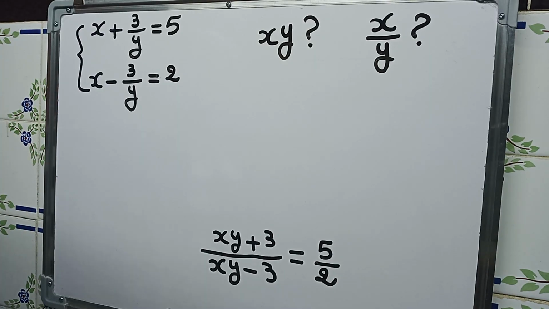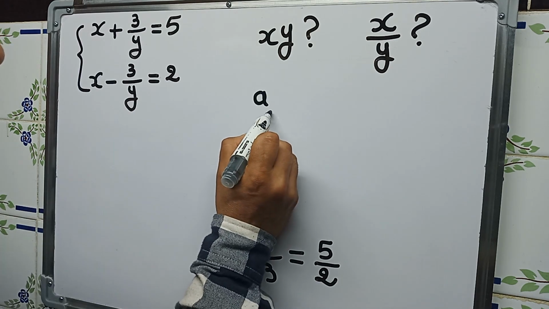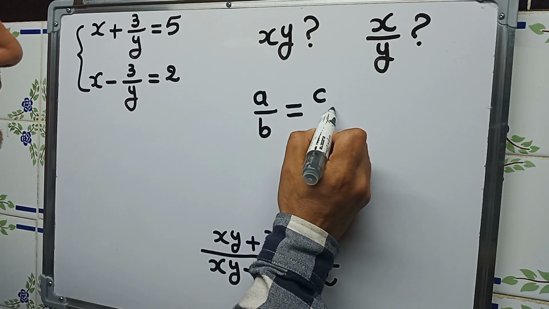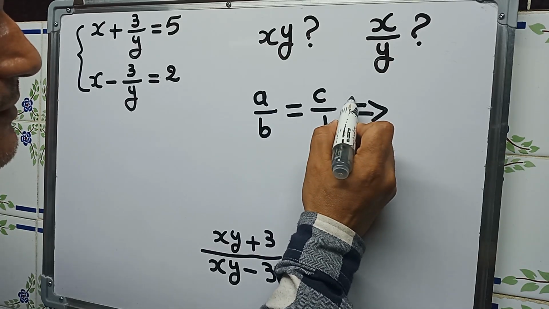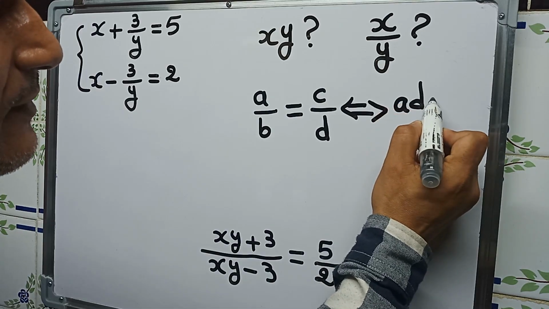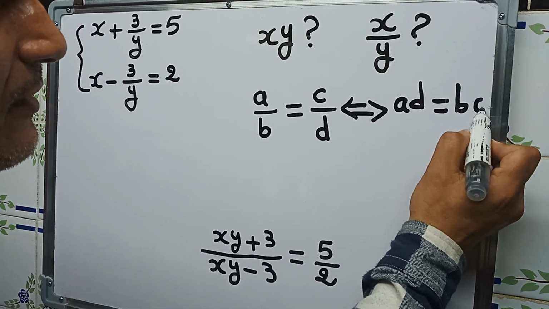Now we will get rid of those fractions. We know that a over b equals c over d. That means that a times d is equal to b times c.